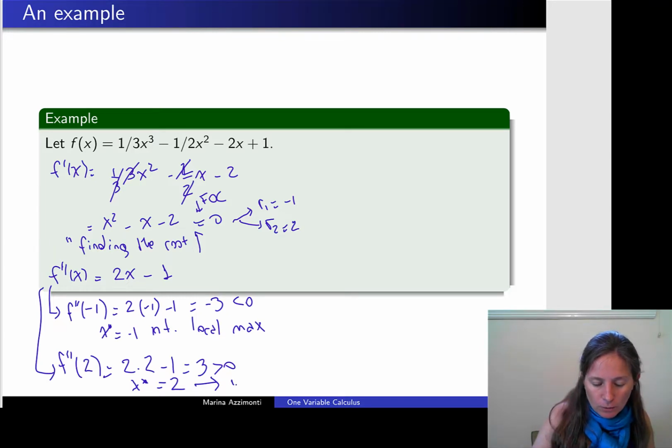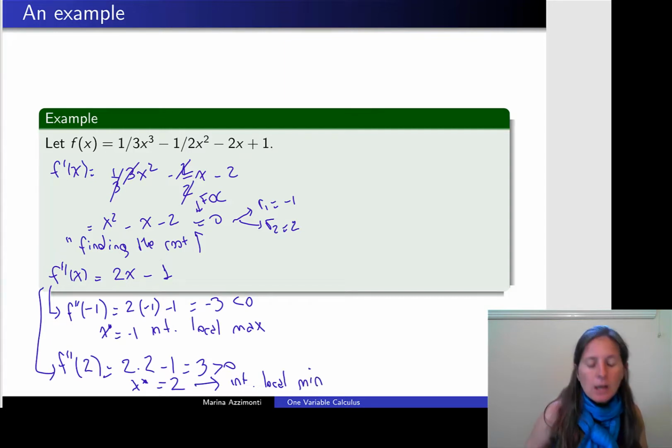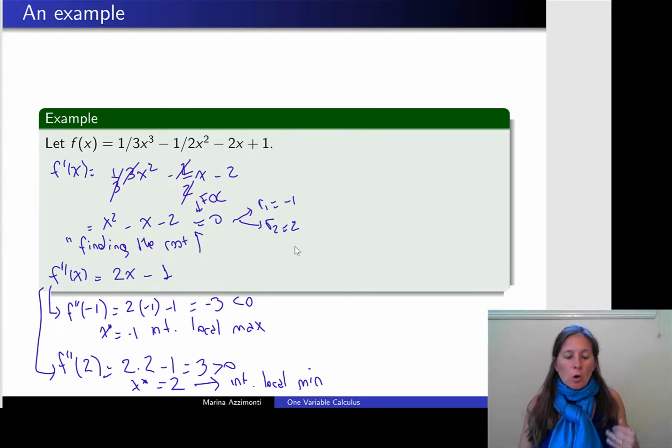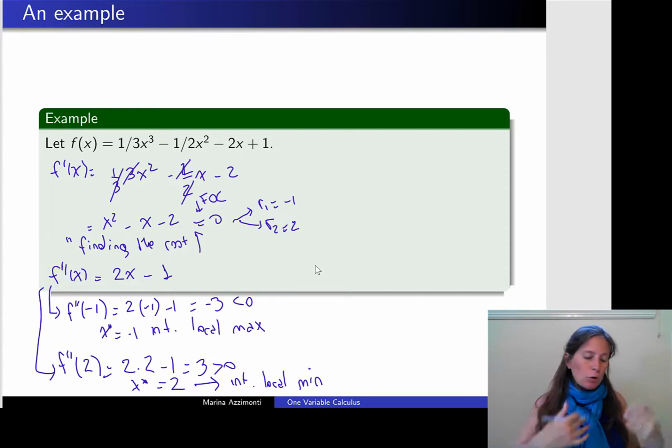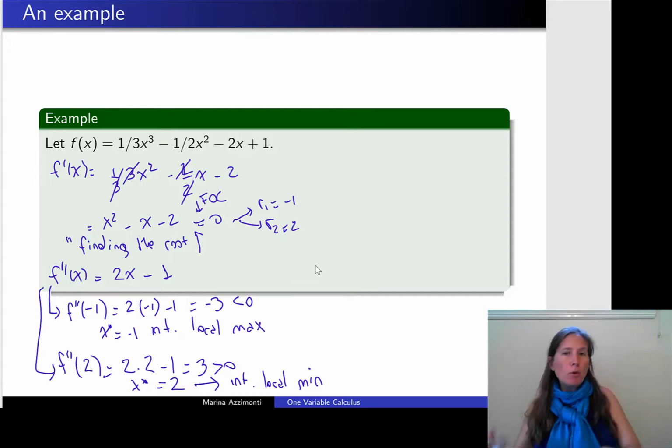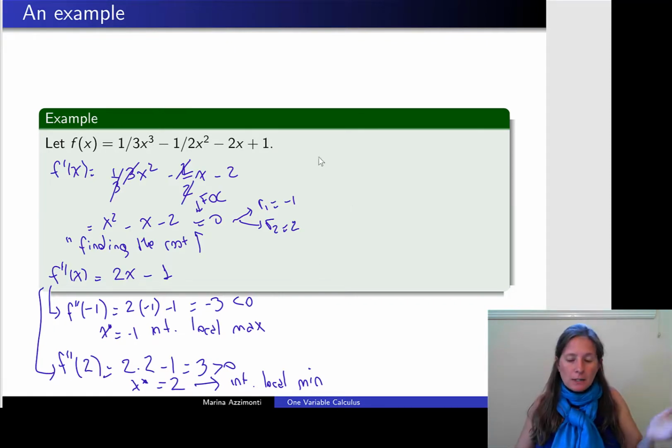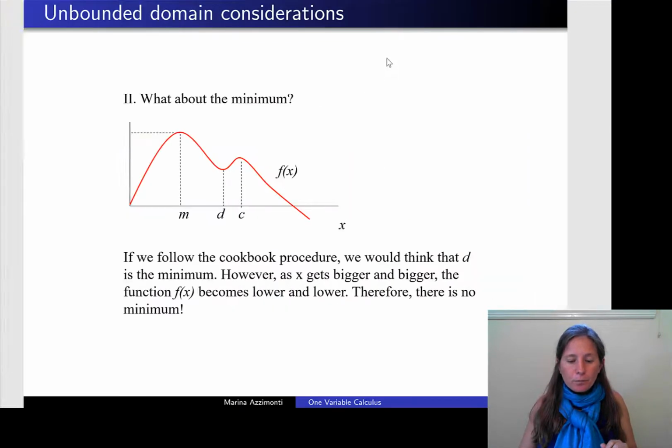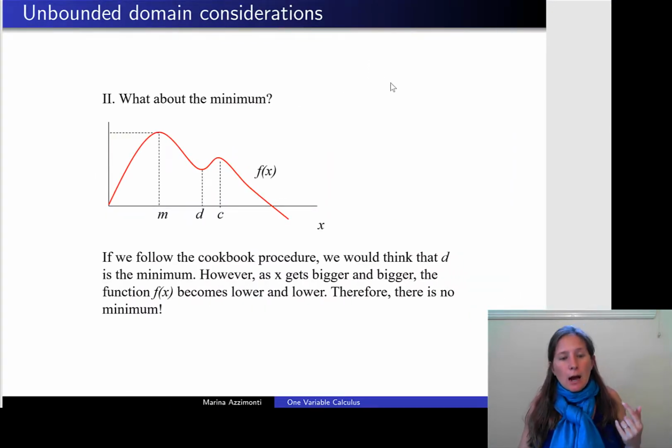So we are talking about an interior local minimum. Okay? So again, when you have more than one root, you try the second derivative. Sometimes you are going to find that both are maxima, or both are minima. If both are maxima or minima, you compare them. Or, like in this case, one is a maximum and the other one is a minimum. Okay?